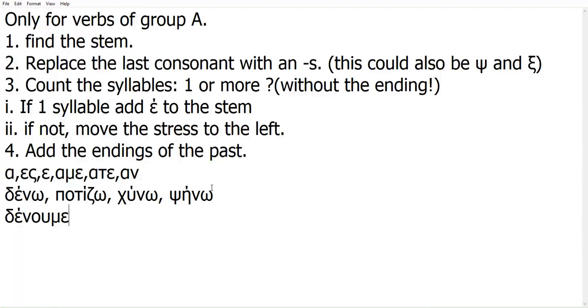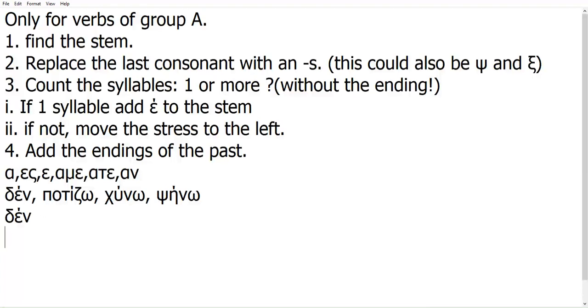Whether I take δένω or δένουμε, what would be the stem? The stem should be this one here, yeah? Now I notice it's only one syllable, so I will have to add this e at the beginning, and then I add the endings, yeah, έδενα, έδενες, έδενε, etc.